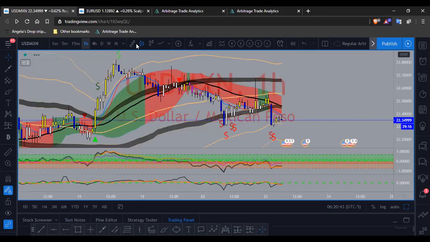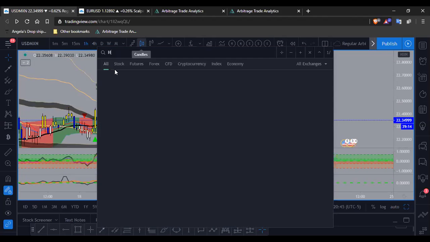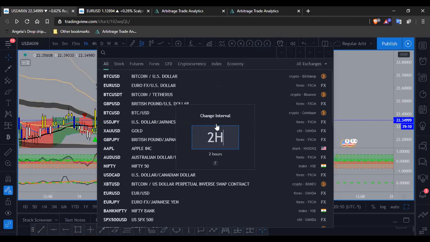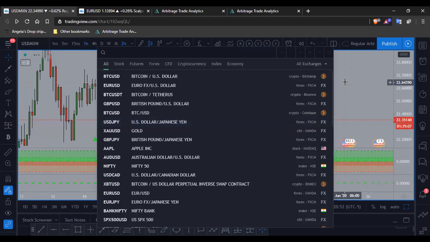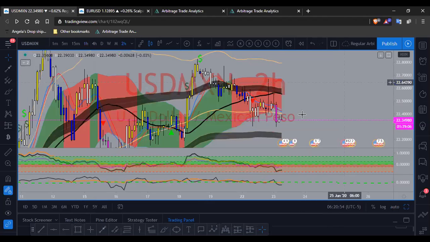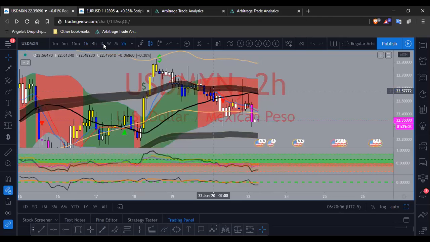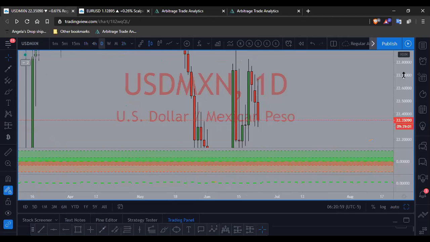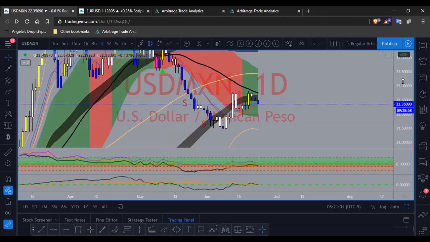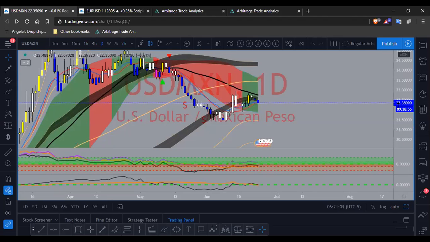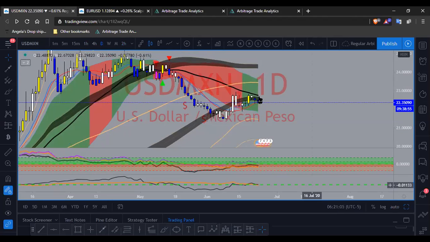I always prefer looking at the daily time frame, and I want to see what the trend is. So the trend is obviously selling, but it looks like it might go into a buy on the daily time frame.